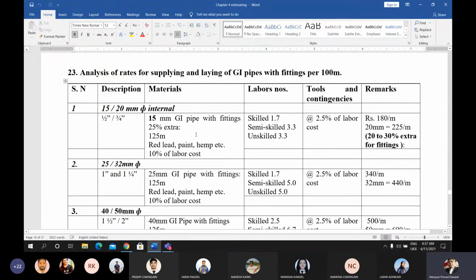That may be used according to the need of the client. So for that I have provided 25% extra length of the pipe cost for providing the fittings. Okay, do you understand this?